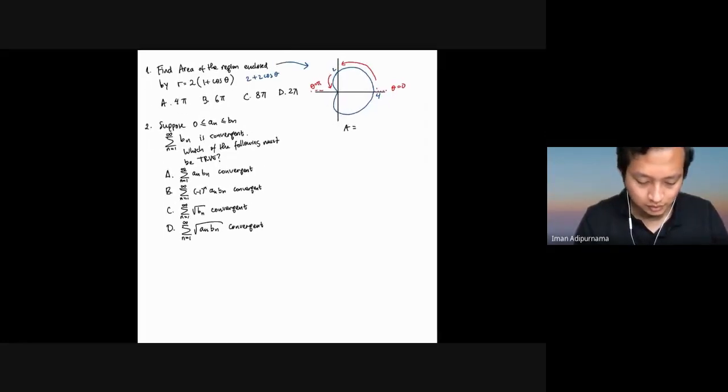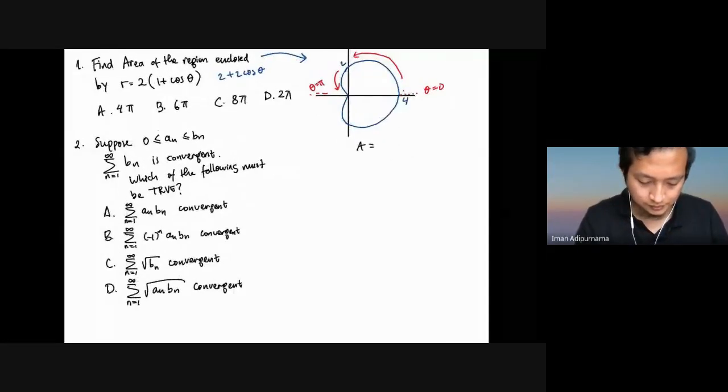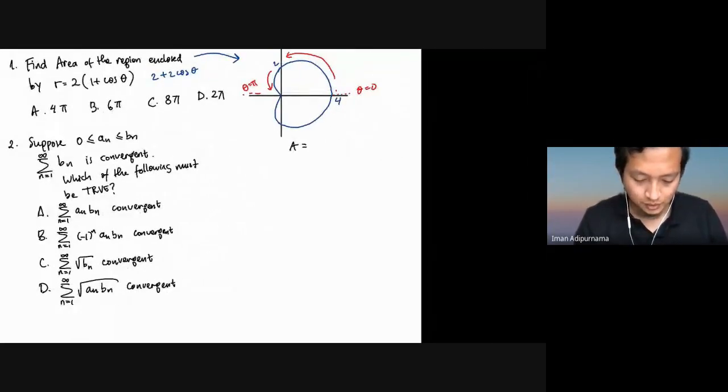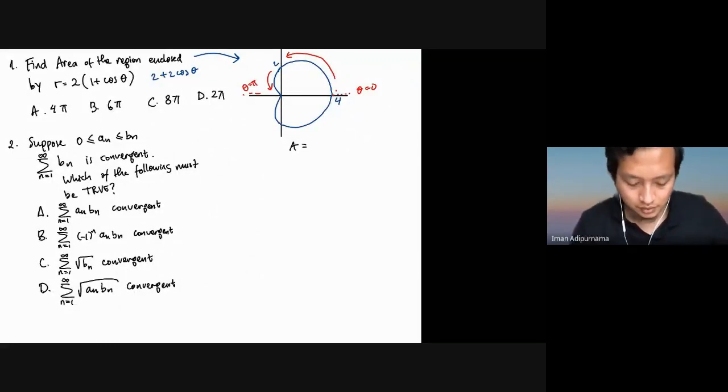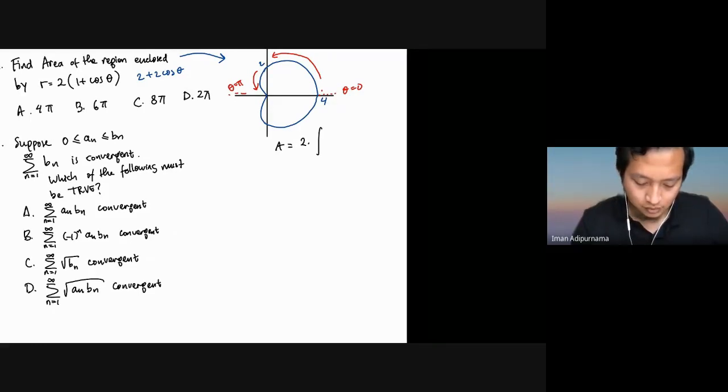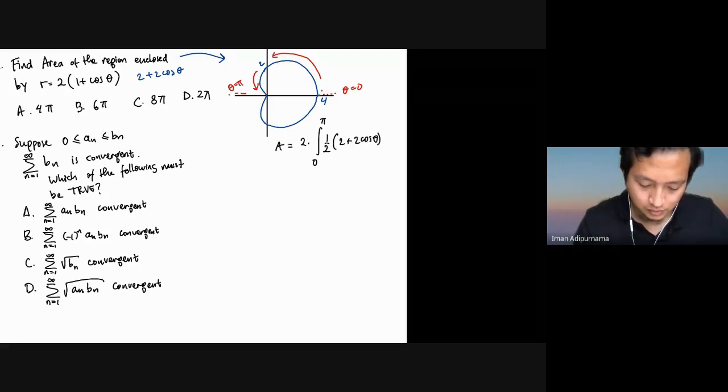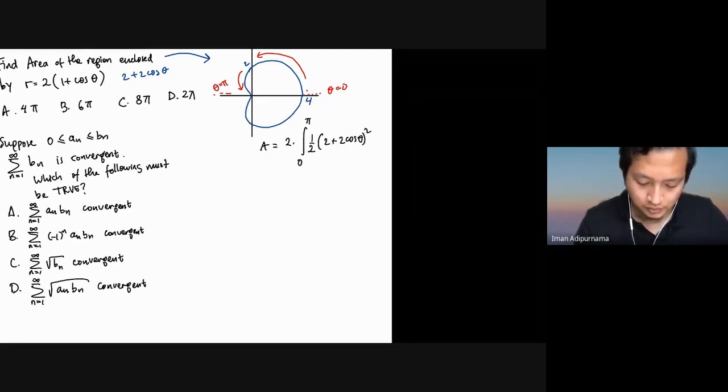Okay, let me continue here. The area of the cardioid is twice the area from 0 to pi, of half of this squared curve.